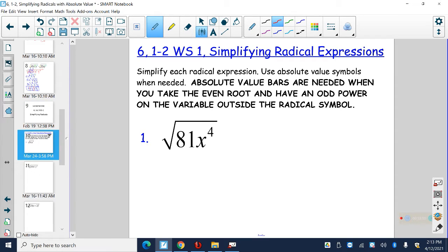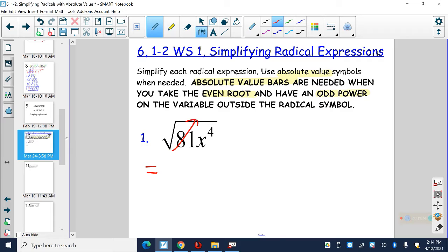Okay, the directions say simplify each radical expression. Use absolute value bar symbols when needed. Absolute value bars are needed when you take the even roots and have an odd power. Yes? I put it right in the directions for you. So number 1, what is the square root of 81? 9.